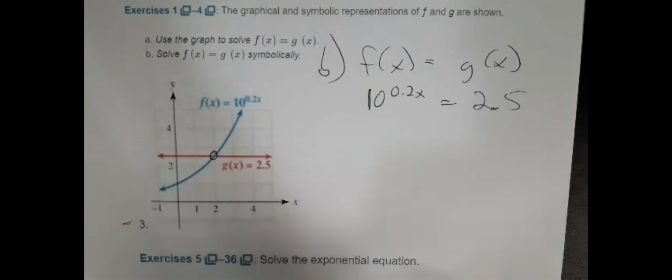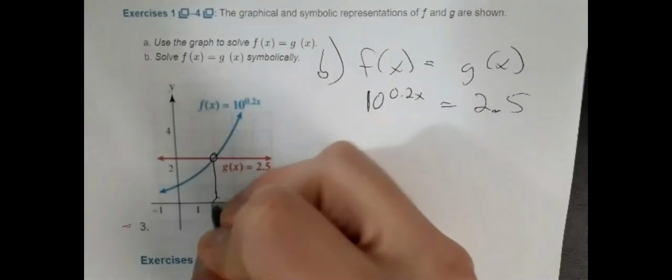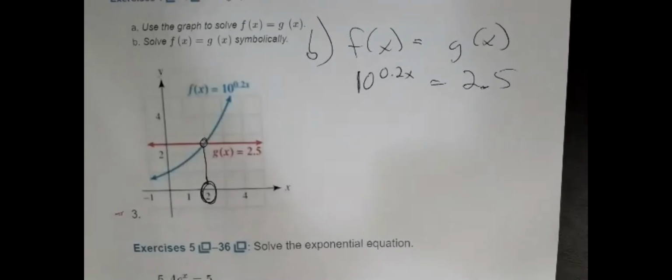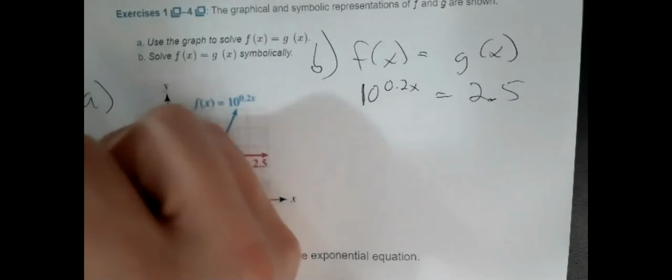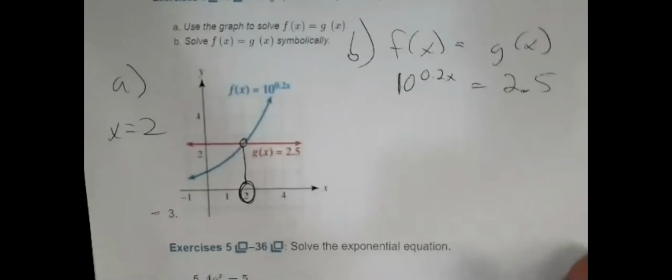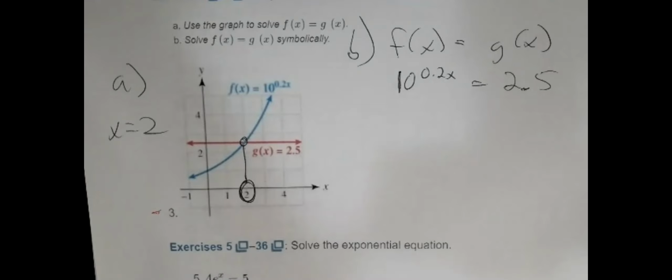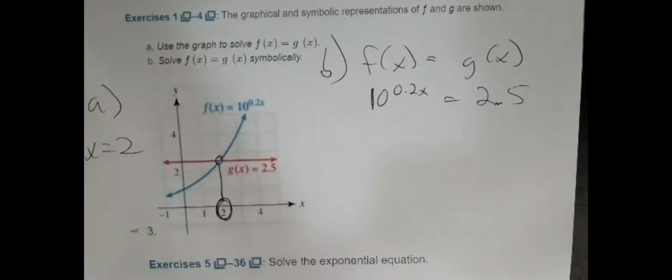X. I'm solving for my x variable. So if I want to solve this thing graphically, it's going to be the x quantity that I'm looking at. If I want to do this thing symbolically, I have it set up to solve symbolically.